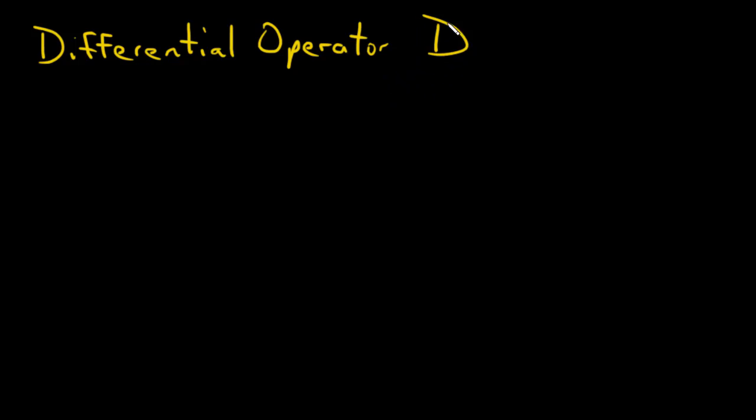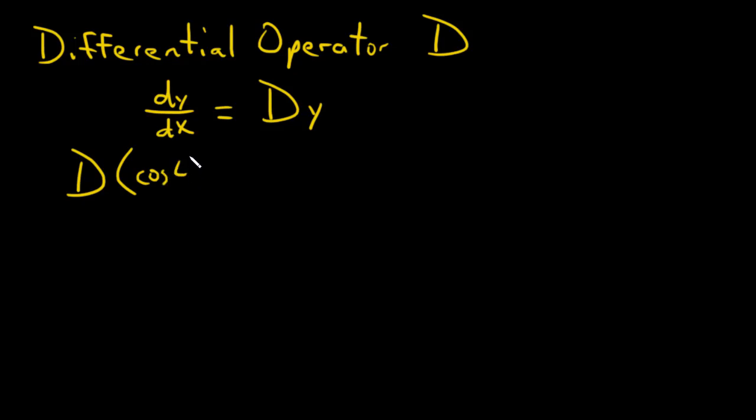Well, D is going to be a kind of shorthand notation for a derivative. As an example, if I do dy dx, I can now rewrite that as just capital D y. And I can say things like capital D cosine 4x is just negative 4 sine 4x.